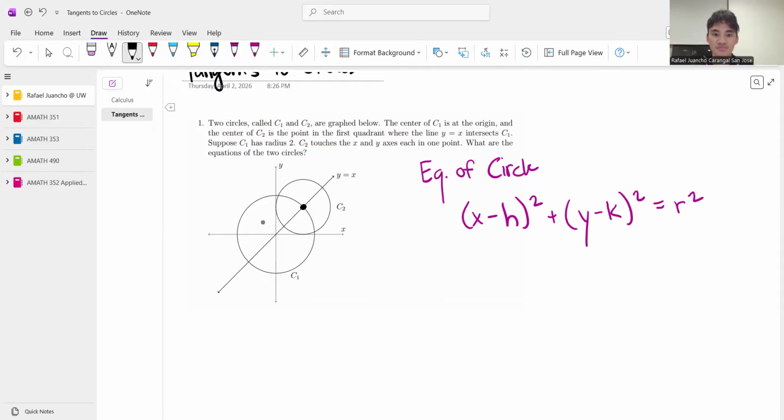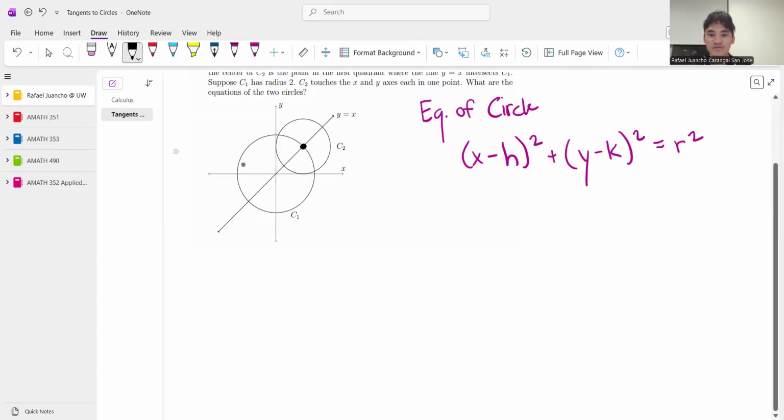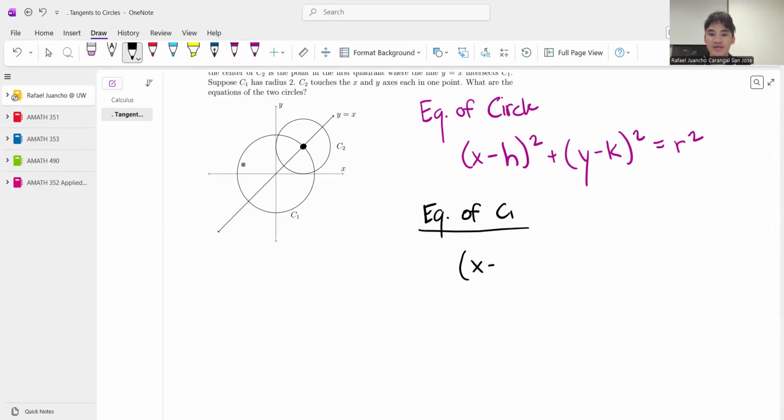Okay? So for C1, the equation of C1, we actually already know this. That would be x minus 0 squared, because this is the origin, h equals 0, k equals 0, plus y minus 0 squared equals r squared.